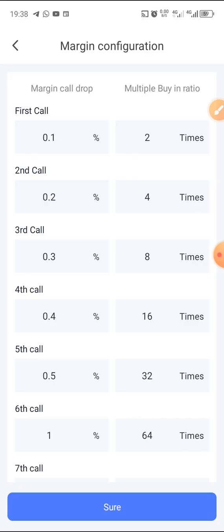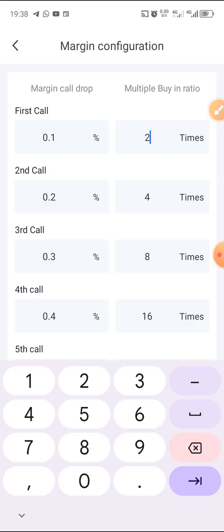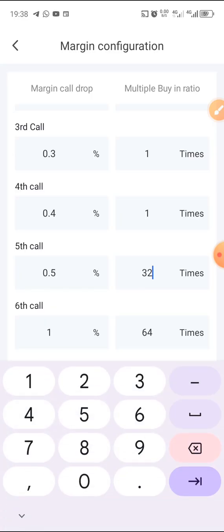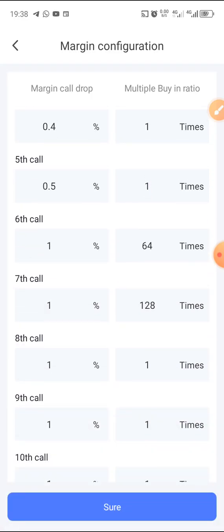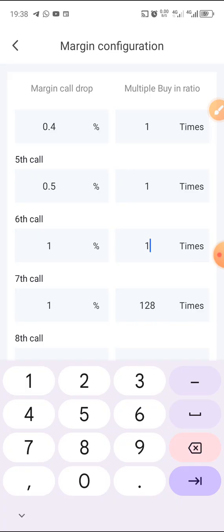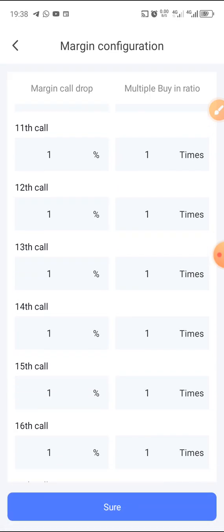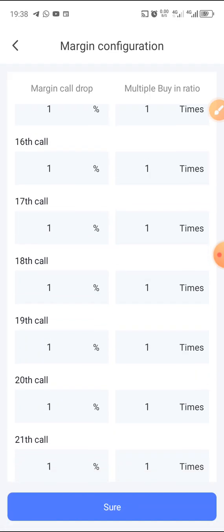So with the start, we are going to be buying one time, up to the 30 second. Okay, like that.